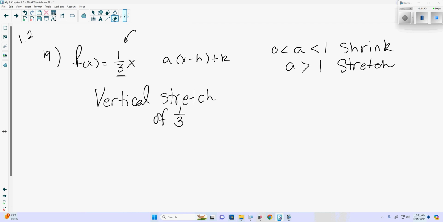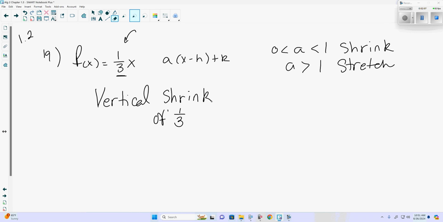If it was 3, it would be a stretch. So, vertical shrink between 0 and 1. 1/3 is between 0 and 1, so it's a vertical shrink. If it's greater than 1, it is a stretch.